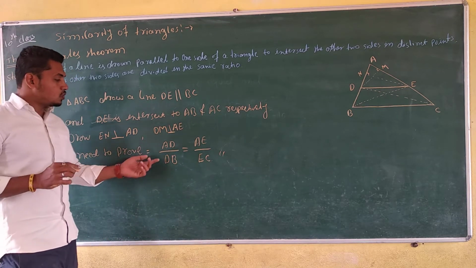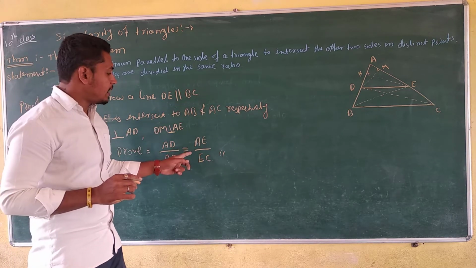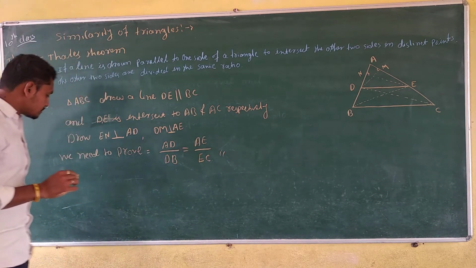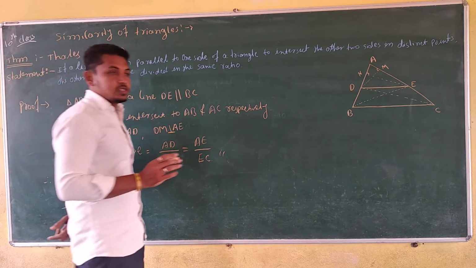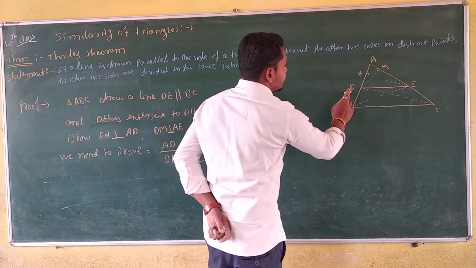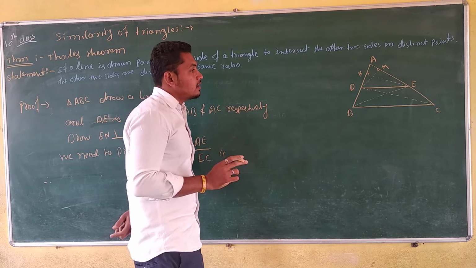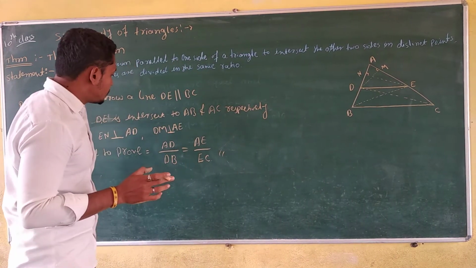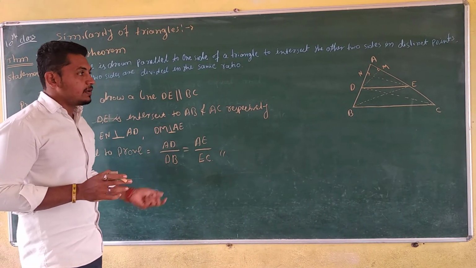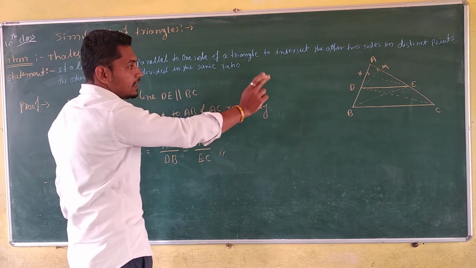Now we need to prove AD divided by DB is equal to AE divided by EC. Next topic. Now first you should take the triangle ADE. Why ADE? Because we have to prove AD divided by DB. So that's why you take that one triangle ADE.